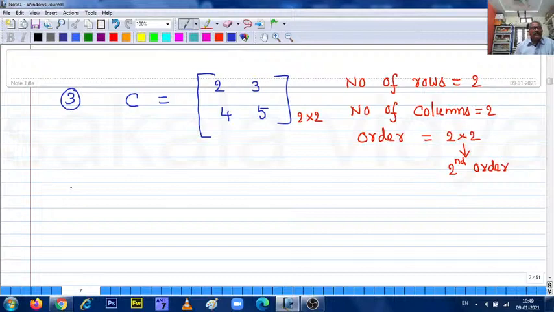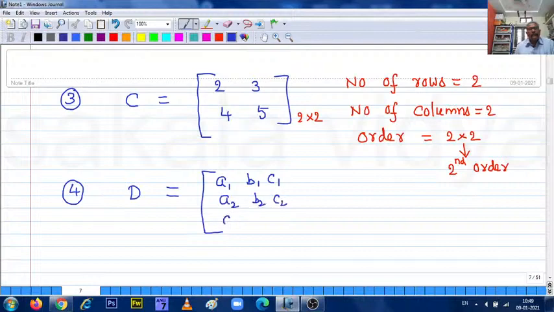Let us go for another example. Matrix D: A1, B1, C1, A2, B2, C2, A3, B3, C3. So now write down number of rows.